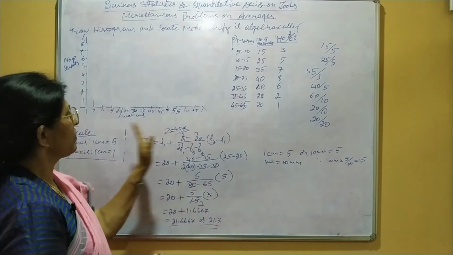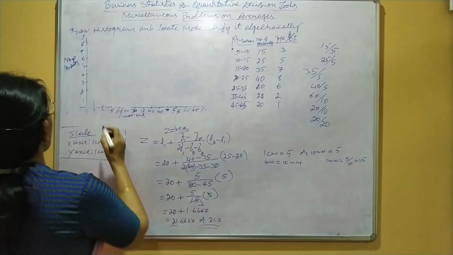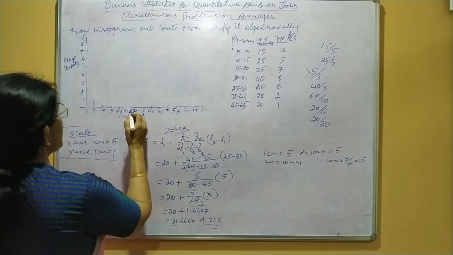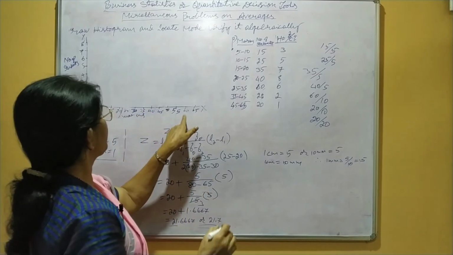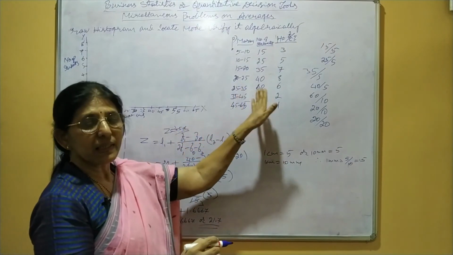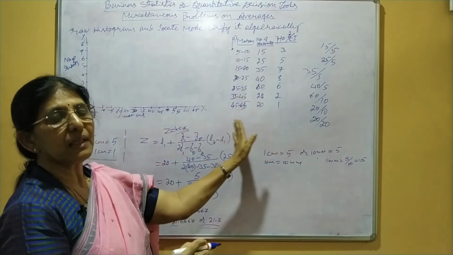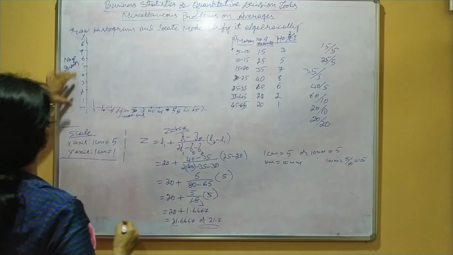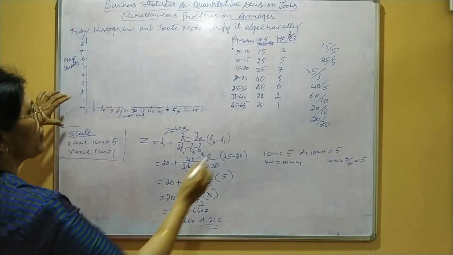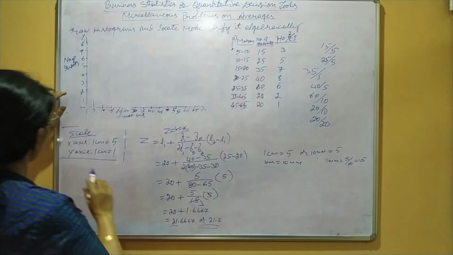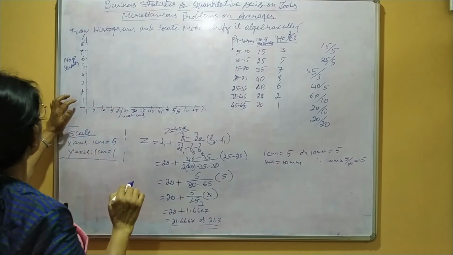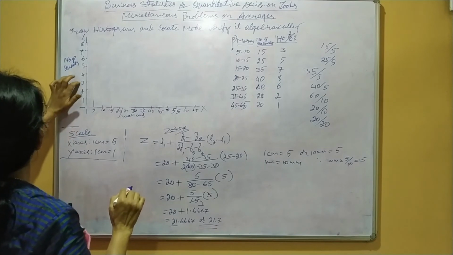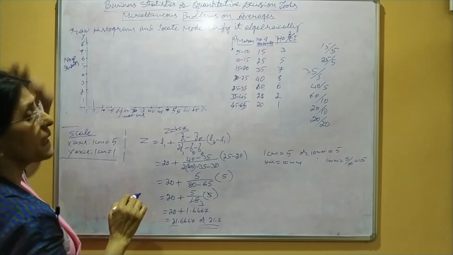Therefore, we have to take like this only: 5, 10, 15, 20, 25, 30, 35, 40, 45, 50, 55, 60, 65. No change in x-axis. But in case of y-axis, we have to take from 1 to 8 because y-axis scale is 1 centimeter equals 1: 1, 2, 3, 4, 5, 6, 7, 8.